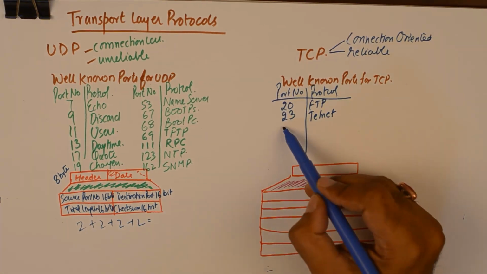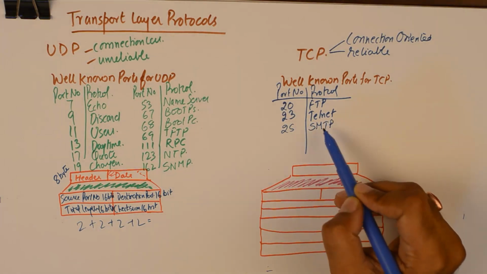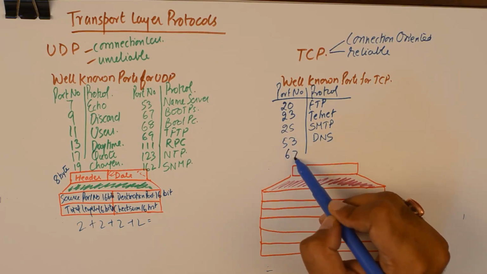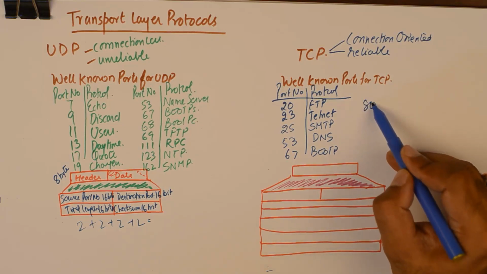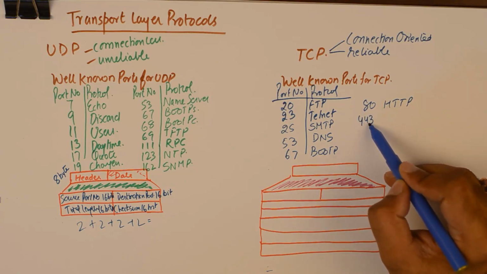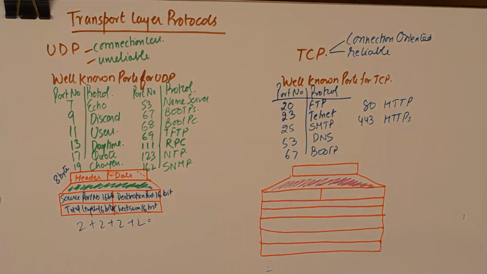And then we have 25, SMTP, Simple Mail Transfer Protocol. 53 is DNS, Domain Name Server. 67 is BootP, which is Bootstrap Protocol. 80 is HTTP, Hypertext Transfer Protocol. And 443 is HTTPS. And you could find numerous port numbers and protocols based upon TCP as well as UDP on the internet, but these were the few that I wanted to mention.